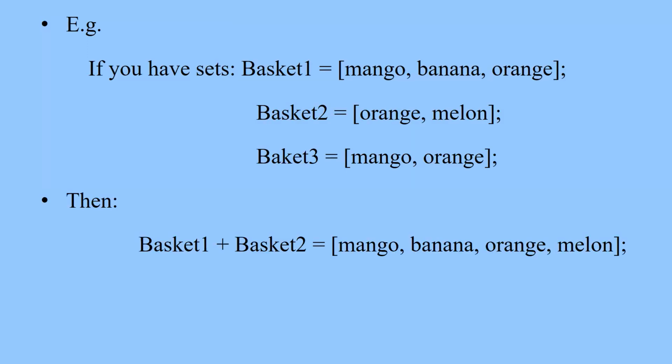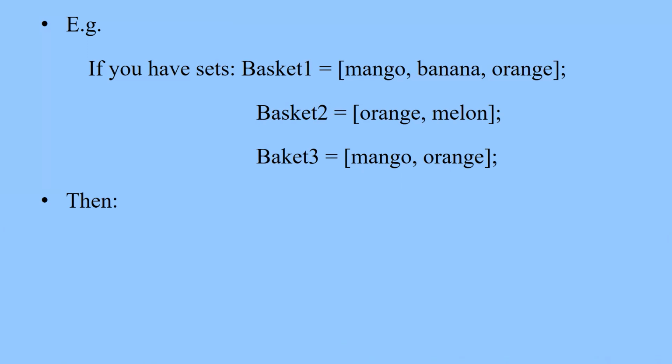So if we have a statement like this one, where we are talking about basket 1 being united to basket 2, simply what we expect is to get a new set that contains all the elements contained in basket 1 and basket 2.